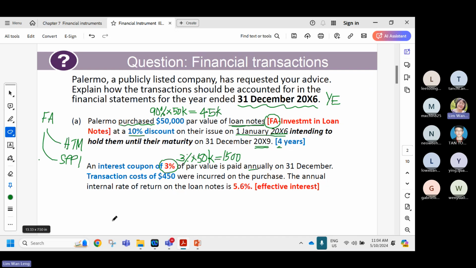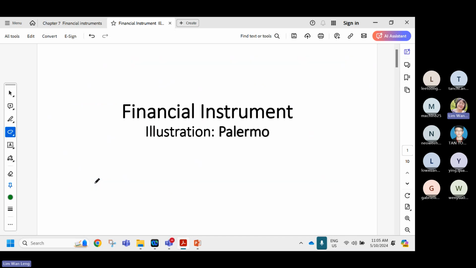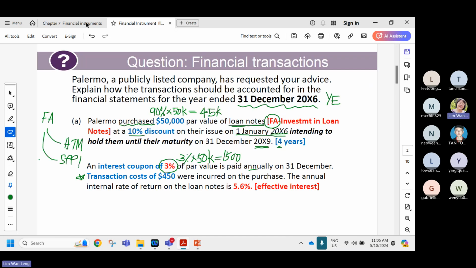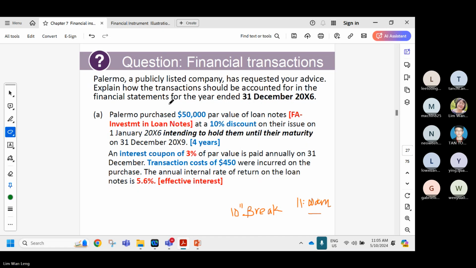And then the question also informs you that there are some transaction costs. So remember just now, what did we say about transaction costs? We can go back to the financial instrument.